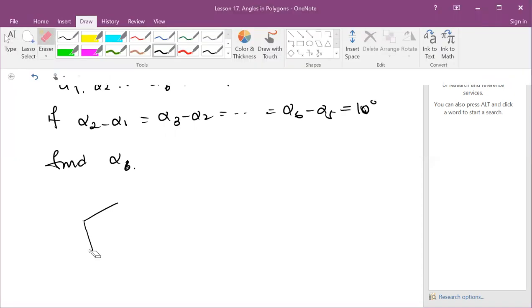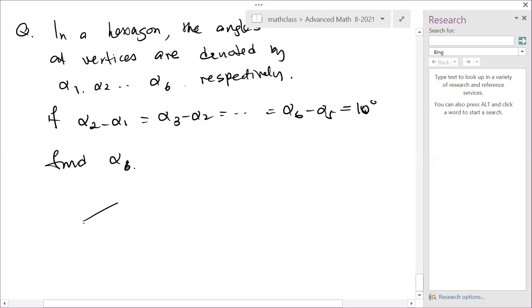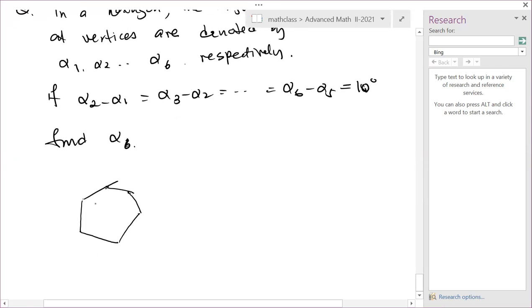It's hard to draw the picture. I just sketched the graph. I hope you can get alpha 1, alpha 2, alpha 3.